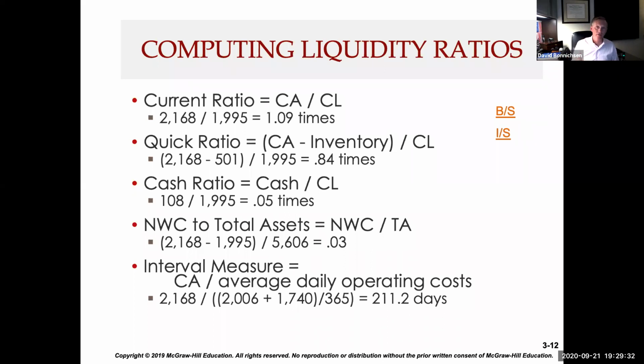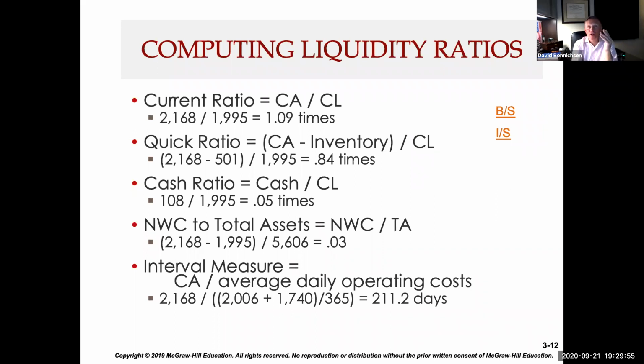So we strip out inventory and we divide that by current liabilities. So current assets minus inventory divided by current liabilities. And we see when we do that, our acid test drops to 0.84. Again, good or bad? We'll get there.